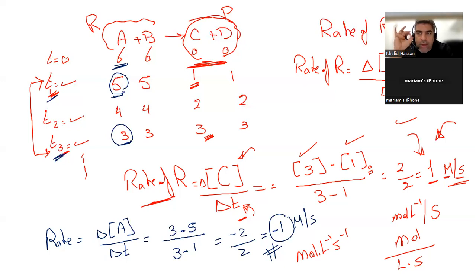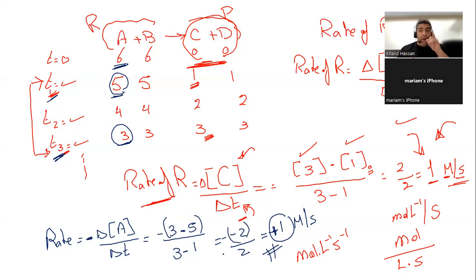When you are calculating your rate of reaction, which is the change in concentration of reactants divided by the time consumed, you have to insert a negative sign initially here. When you insert this negative sign, it will cancel the other one and make it positive.